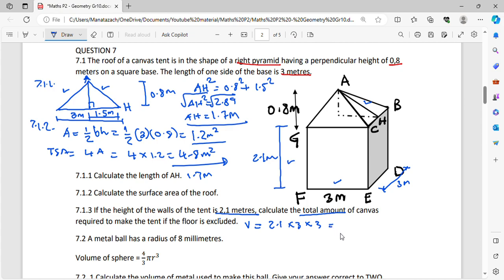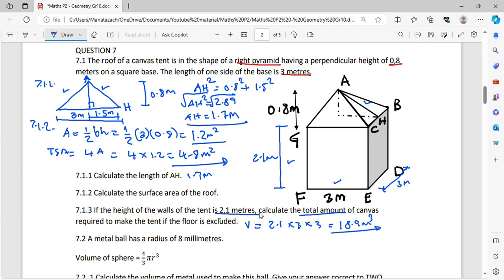Okay, so the volume will work out to be 2.1 times 3 times 3, which is going to be 18.9 cubic meters.